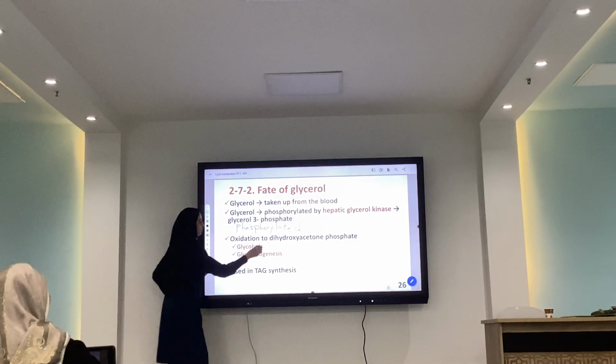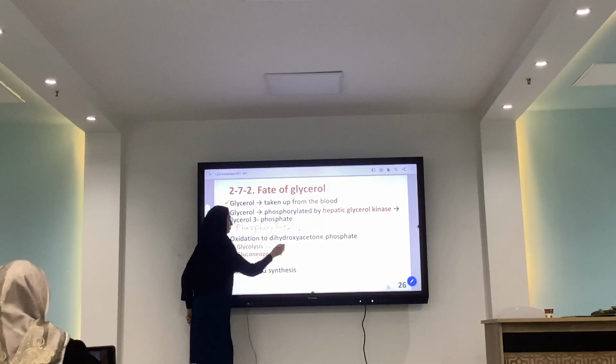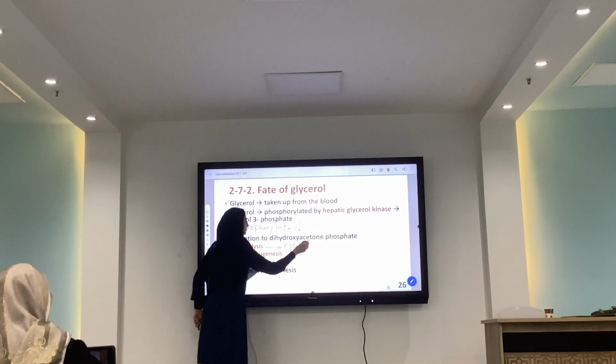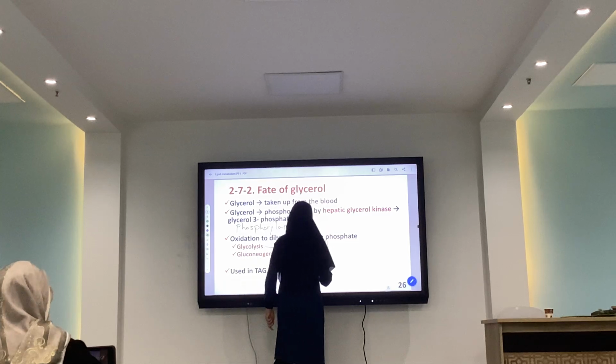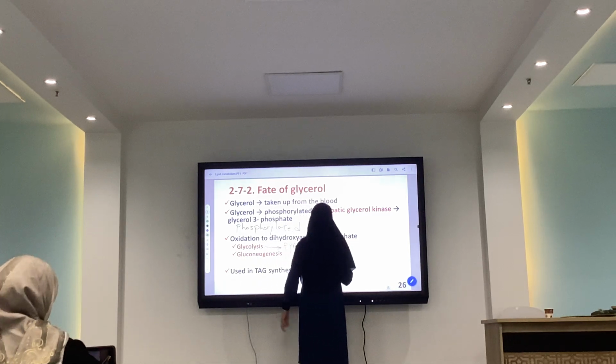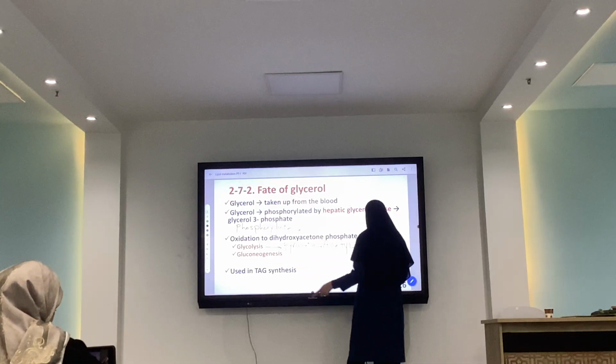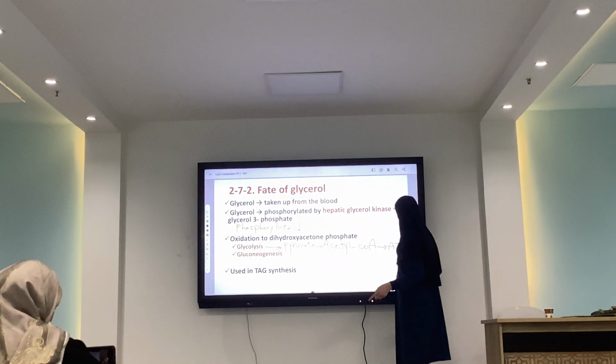This pyruvate will convert to acetyl-CoA, and then produce ATP. Okay, or about gluconeogenesis during the fasting situation.